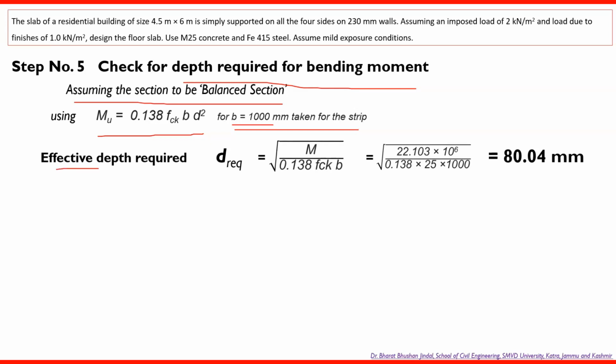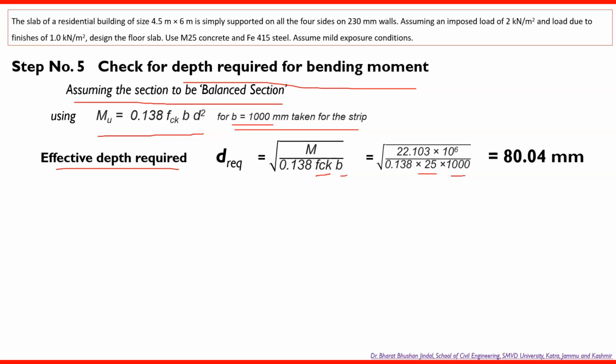First of all, let us calculate the effective depth required. D required will be calculated by this formula, putting all the values. We have taken the highest value of the bending moment, that is 22.03 into 10 raised to power 6, fck is 25, and width we have taken as 1000 millimeter.